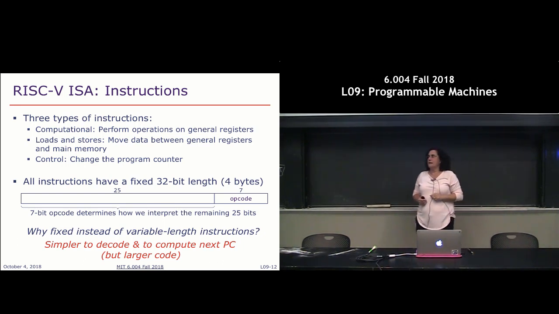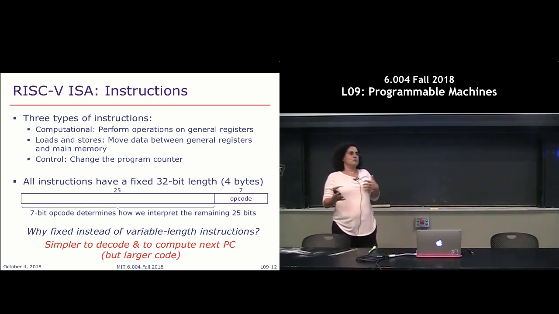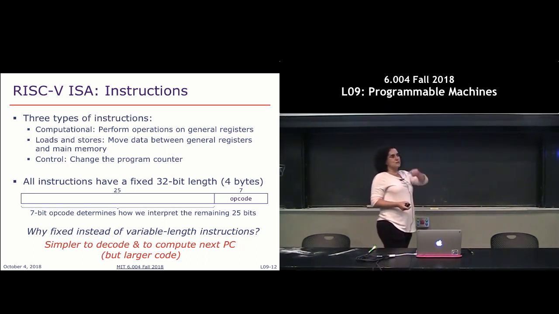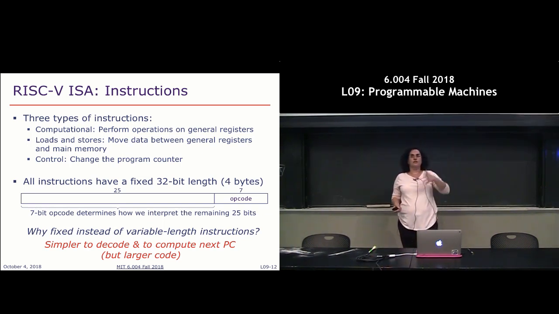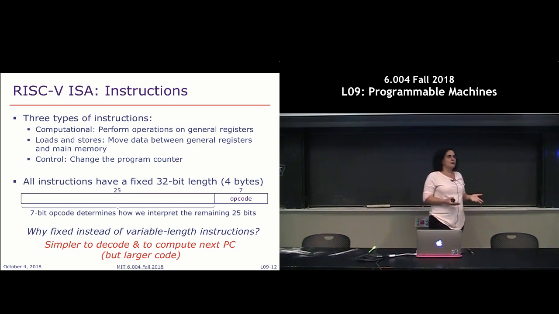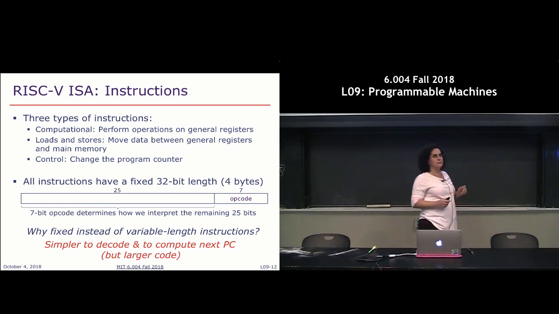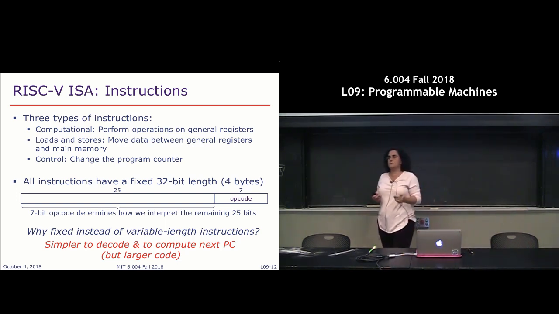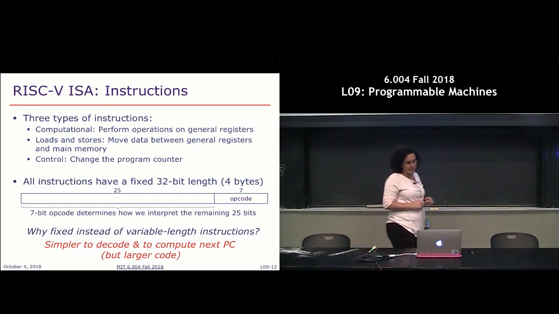And finally, we're going to have control operations, which are going to enable us to change the PC so that it's not just always pointing to the next instruction, but sometimes we might want to jump around in our program. So why might I want to jump around in my program? If I have a loop, that's a perfect example, okay? There are lots of different cases where we don't necessarily want to execute each instruction sequentially.